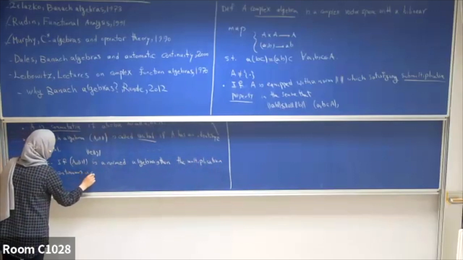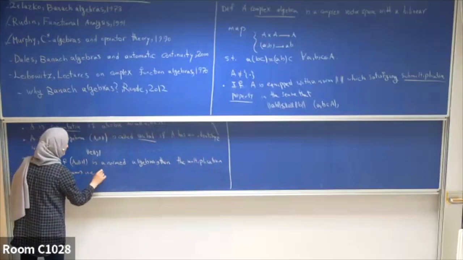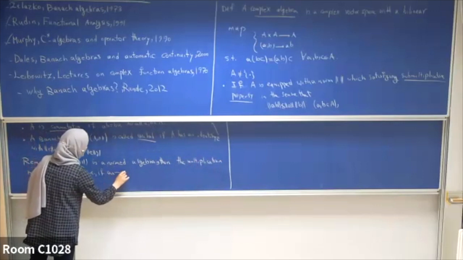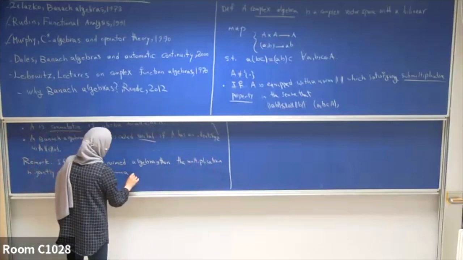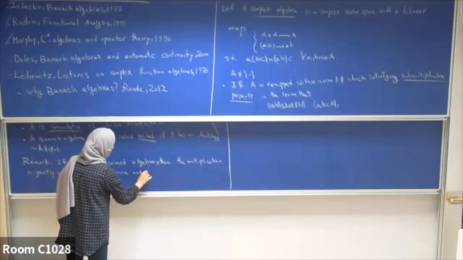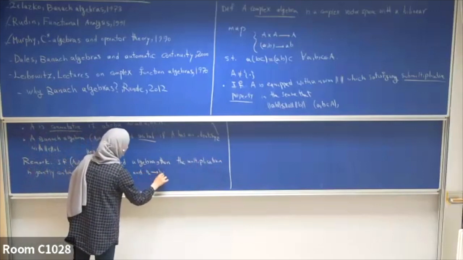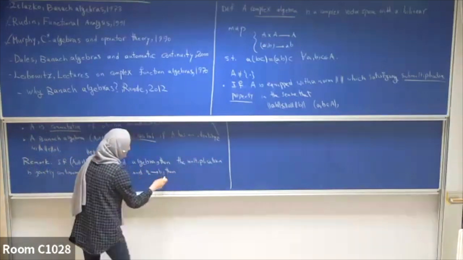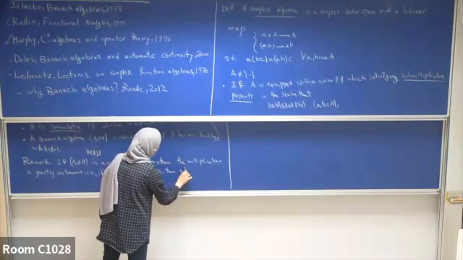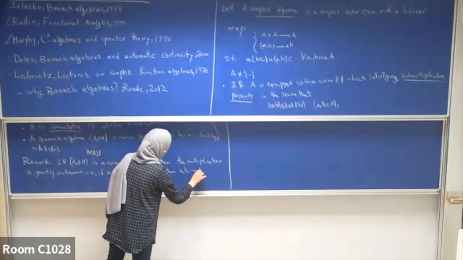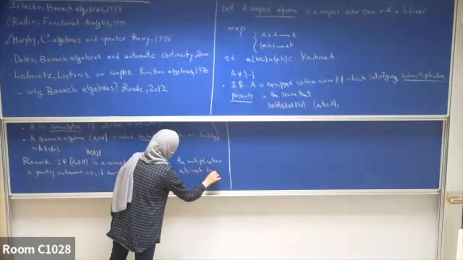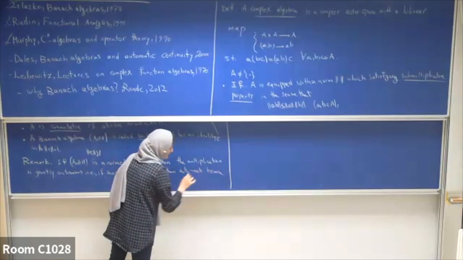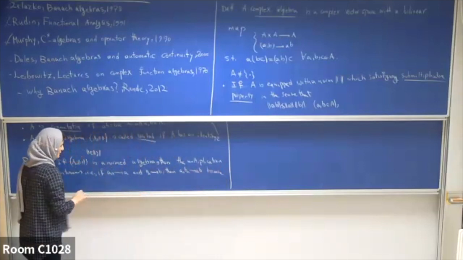It means that if a_n is a sequence in A going to a and b_n goes to b, then the sequence a_n b_n goes to ab. Actually, it follows from the submultiplicative property of the norm.